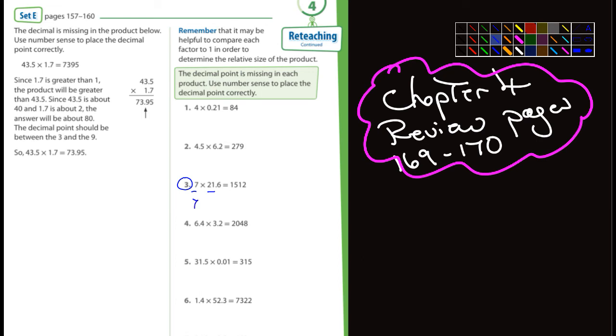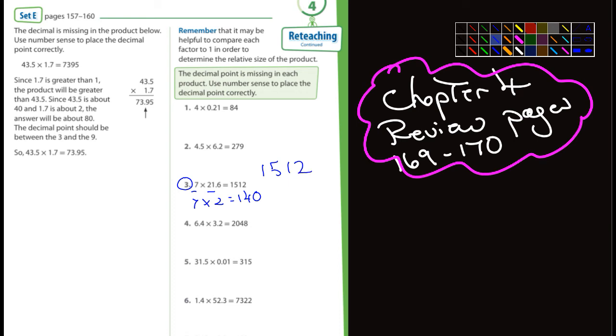Well, what's 7 times 20? Well, how about 7 times 2? What's 7 times 2 equal? That's 14, but it's not 2, it's 20, so we could add a 0, it's 140, okay? So here's the answer. It's 1512, and they're asking where would the decimal go?